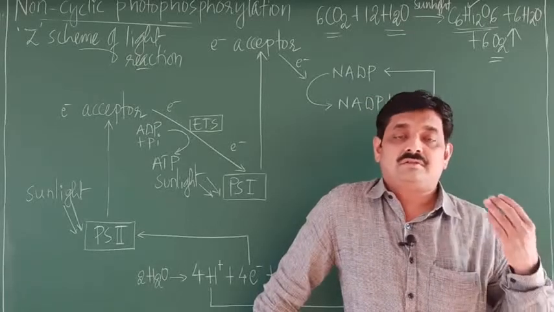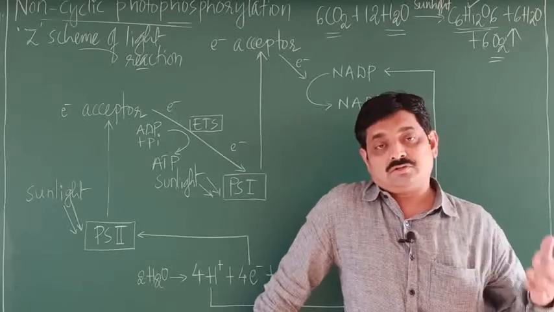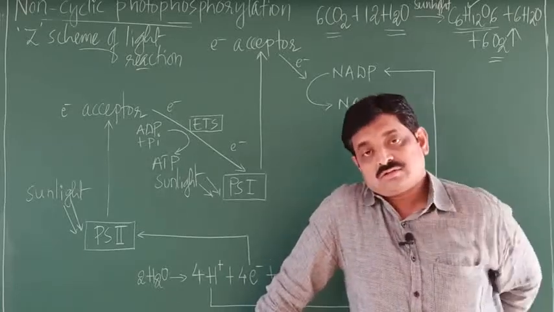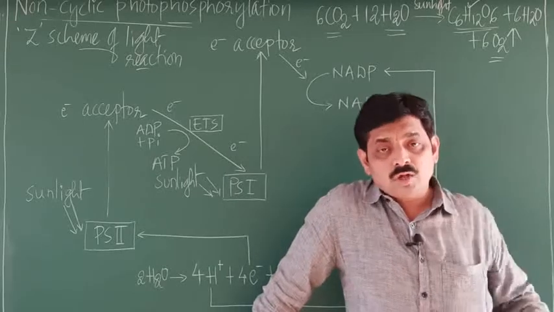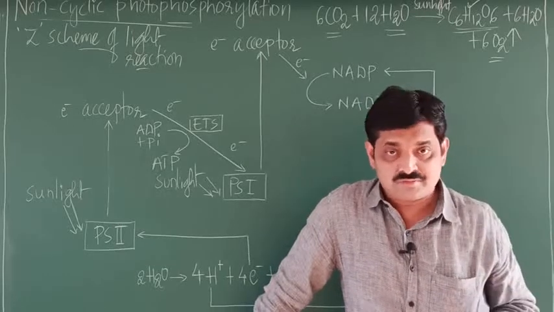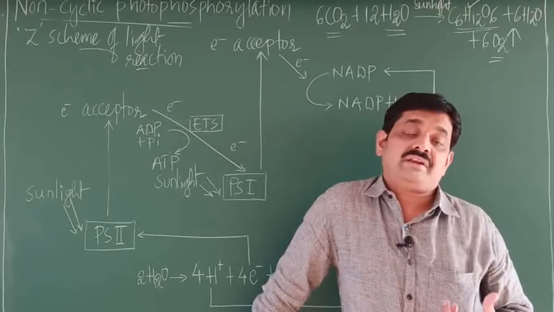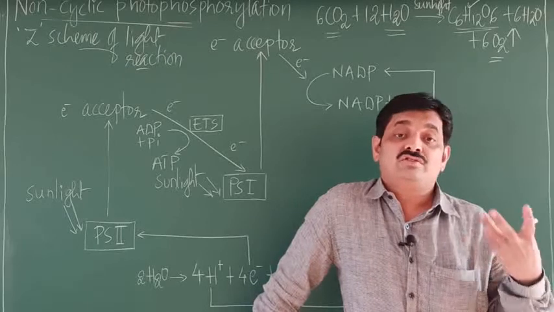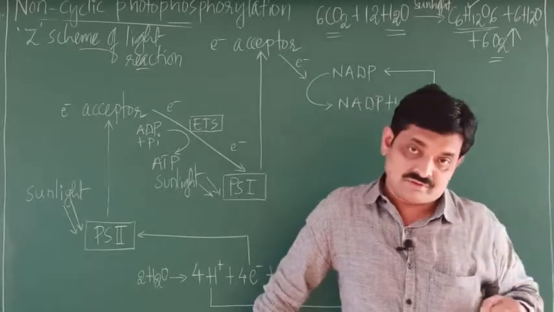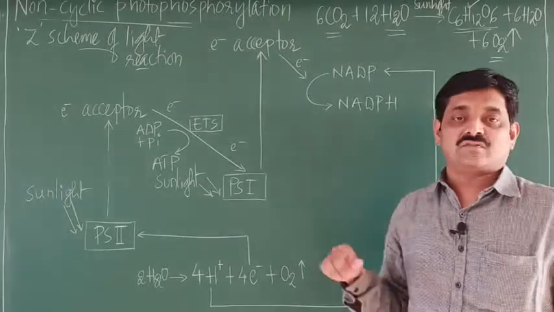And the third event is the synthesis of ATP, or formation of ATP and NADPH molecules. So one is the photolysis of water, second is electron transport through electron carriers, and finally the formation of ATP and NADPH, which are energy-rich compounds used in the dark reaction of photosynthesis. So we shall consider this non-cyclic photophosphorylation here.